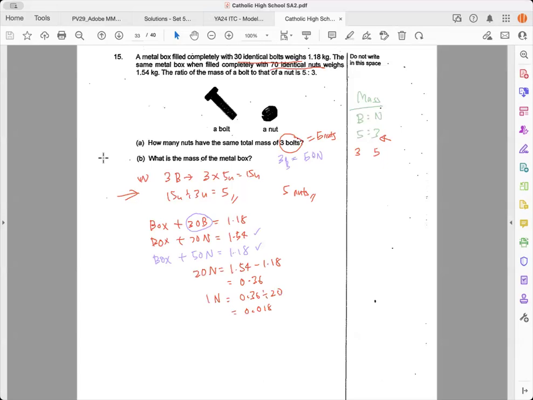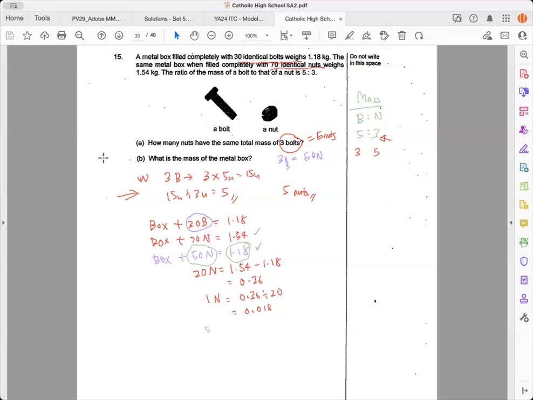Now the mass of a box is very easy. I can use 1.18, subtract away the mass of 30 bolts. Oh, sorry, 1.18 minus the mass of 50 nuts.